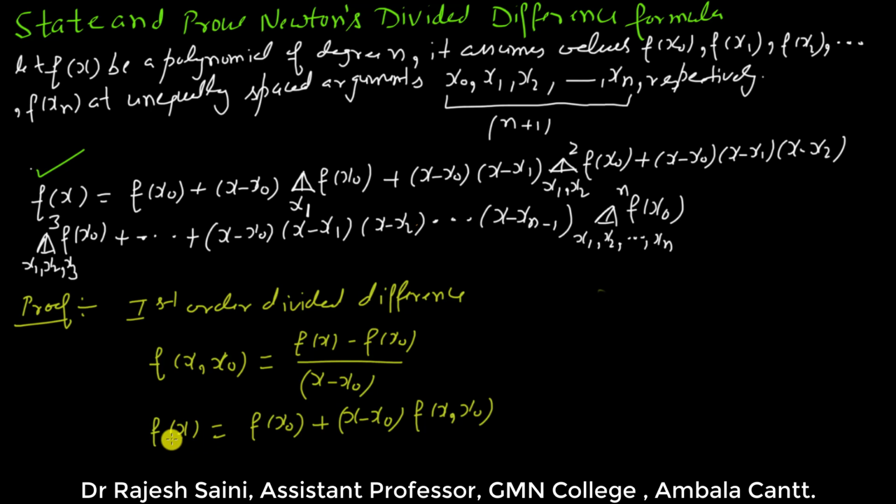plus (x minus x0) f of x, x0. Now can we stop over here? We have to determine f(x). It has come here, but you see, this is the first order divided difference, and one of the arguments involved is a variable quantity.